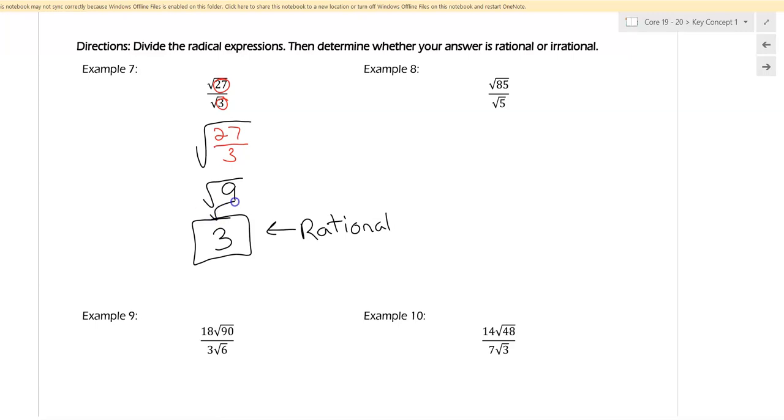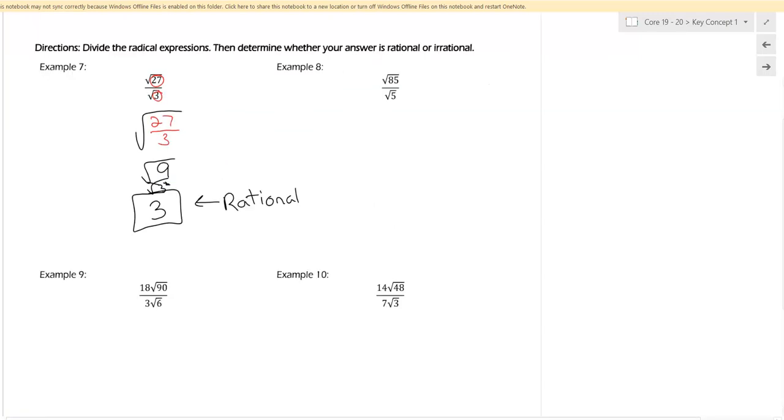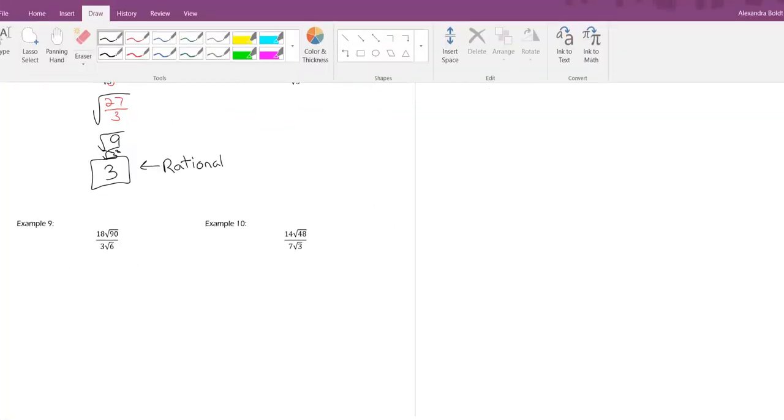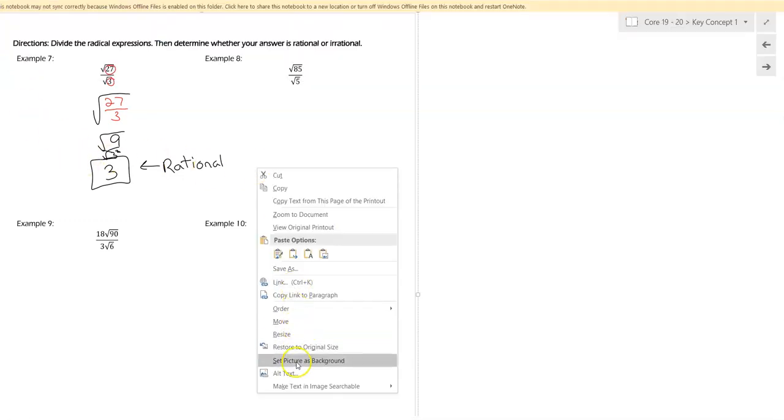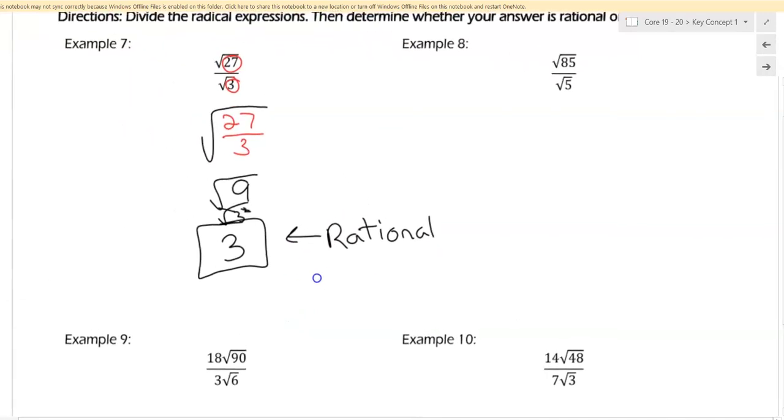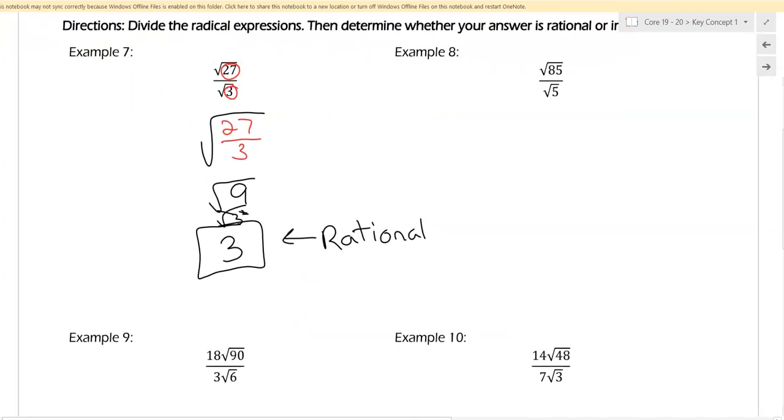And that's 3 because 3 squared, right? And the squareds cancel out. Again, I feel like this method is nice to remember that the square root goes away, because that is one of the biggest mistakes that I see.